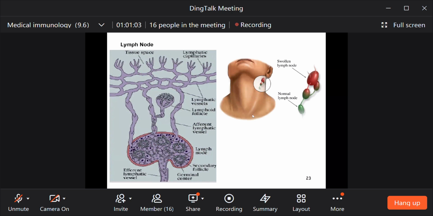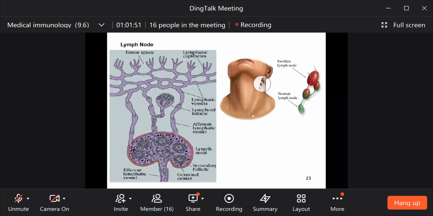If you are infected by bacteria in your throat, the lymph nodes near the throat will expand, because the bacteria will activate the T cells or B cells in the lymph nodes, and after activation they will quickly proliferate and more cells fill the lymph nodes.